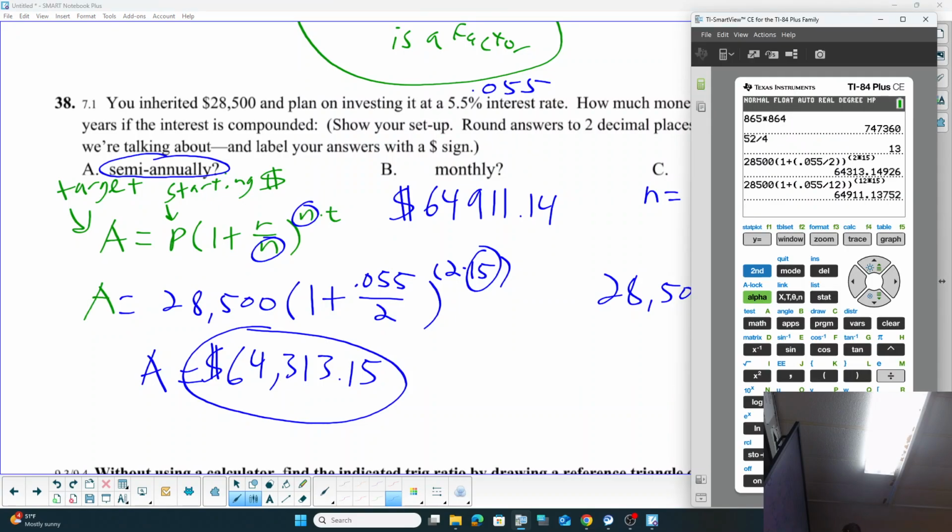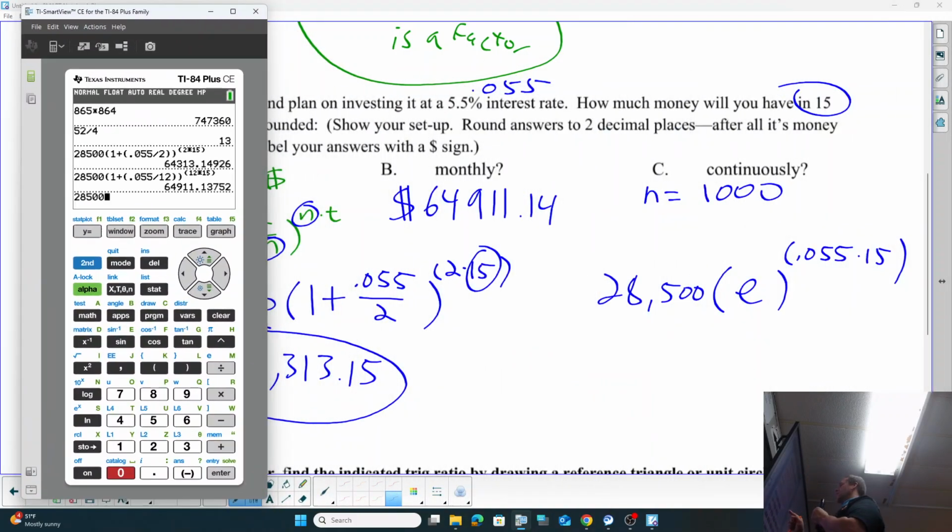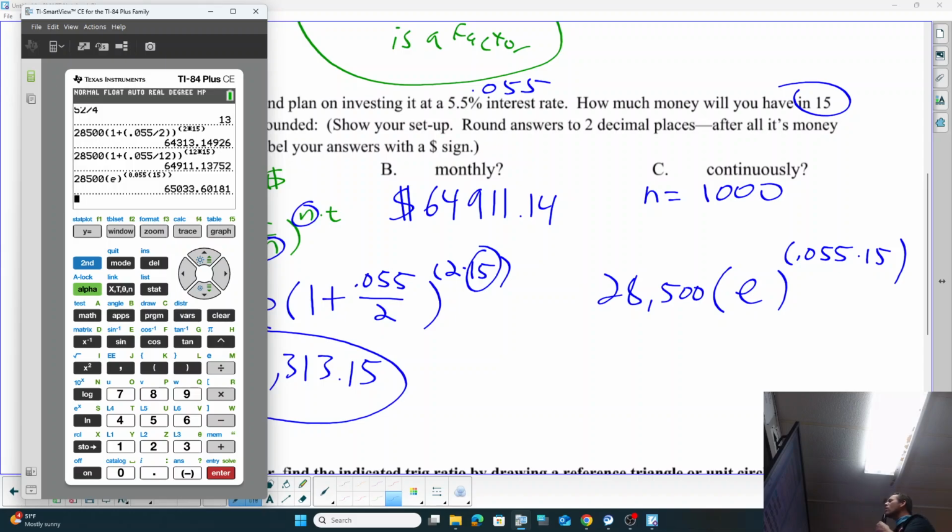So that's 28,500 times E, second E, which is 2.71828, to the 0.055 times 15. This will be continuously, and it's even more: 65,033.6.